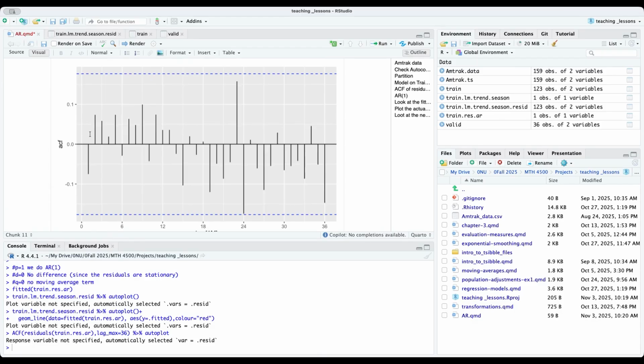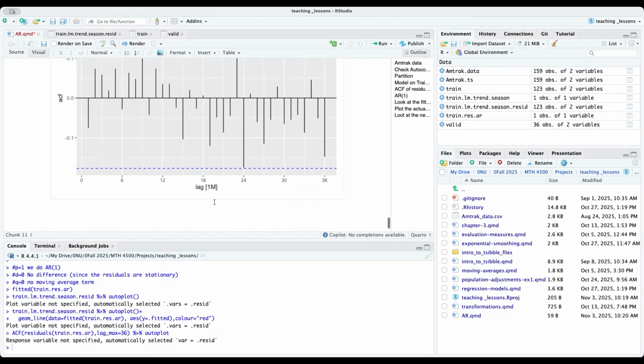So what does this mean? It means that the AR1, autoregressive 1, did a good job. The regression that we did on the residuals actually did well. First of all, the linear regression, the first layer, handled the trend and seasonality, and the AR1 cleaned the leftover autocorrelation.